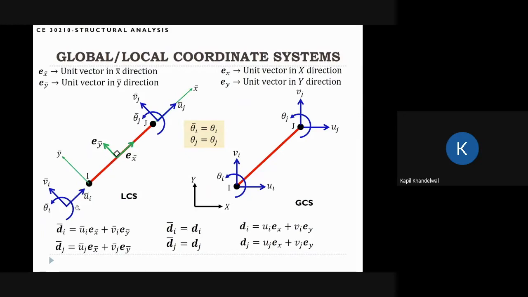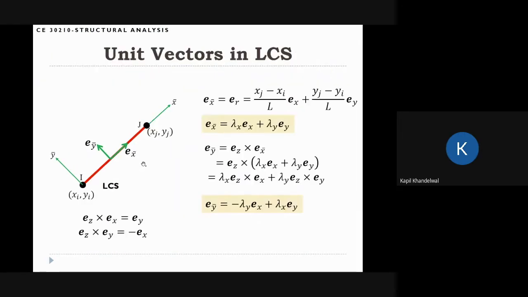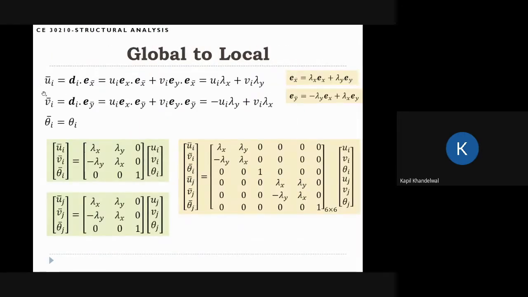That is how we can get Ui bar. To take the projection, we are just doing the dot product. So we are going to take Di and dot it with Ex bar. This is what is done here. So Ui bar is just Di dot Ex bar.